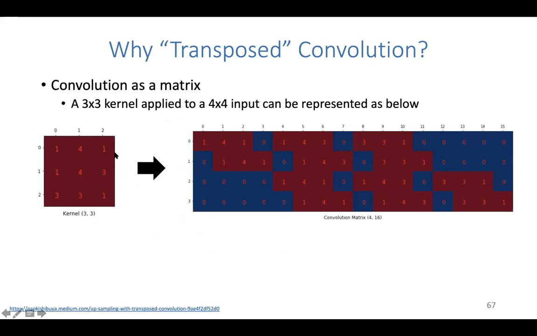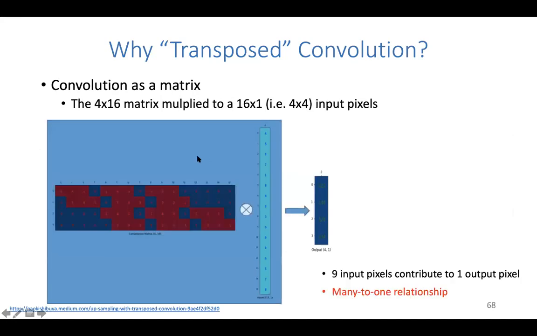So you have your kernel, but you can spread it out like this, as a 4x16 matrix. Then you can simply do a matrix multiplication between this and your flattened input image.